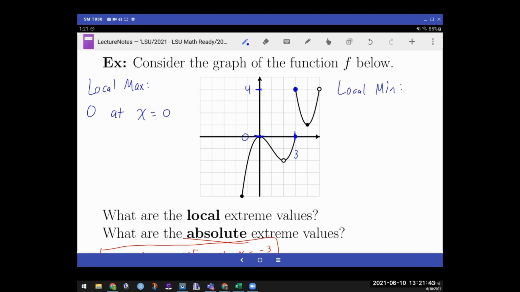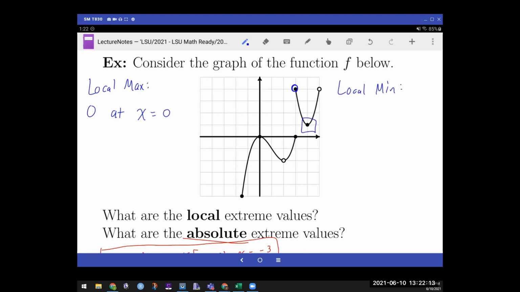Judging by my notes, this one was supposed to be an open circle. That rules this one out as a local maximum. And this one's not a local maximum because if you go to the right of it, you're up here. All right, so we'll just say that's that.